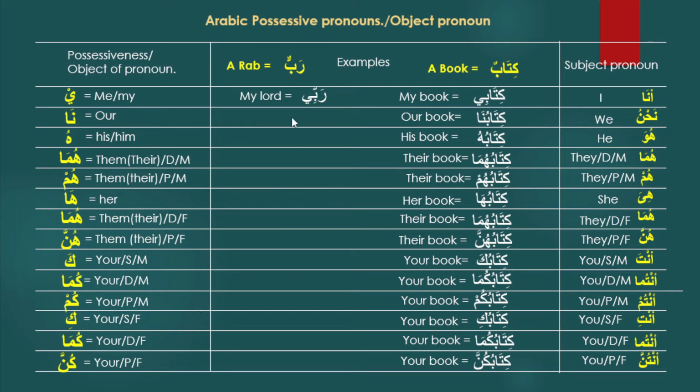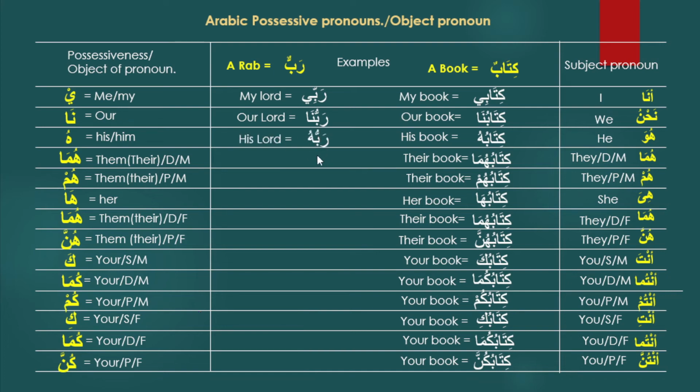And for our Lord, our Rabb, it will be Rabbuna. Here this ba has dhamma. Rabbuna, because Rabbuna is easy to pronounce. We just add na, Rabbuna. His Lord or his Rabb, what will be his Rabb? Rabbuhu.